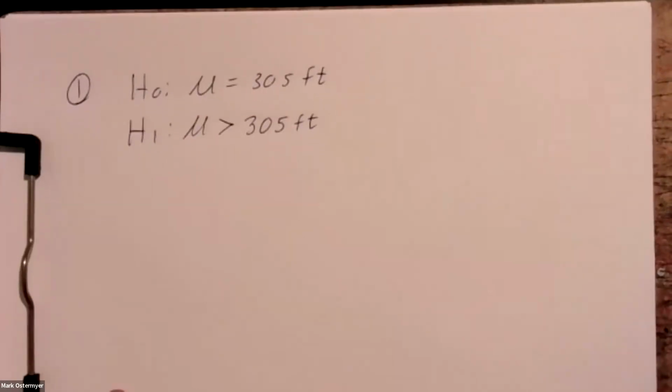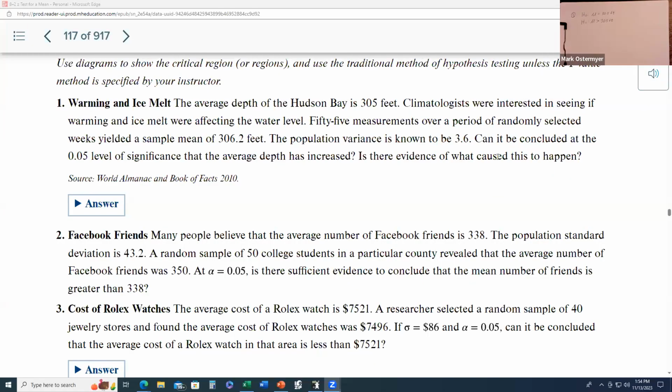Everybody see that? And what would be your claim here? Would it be the alternative or the null hypothesis statement? Let's go back and read it one more time. What would be the claim? Can it be concluded at the 5% level of significance that the average depth has increased? Is there evidence?